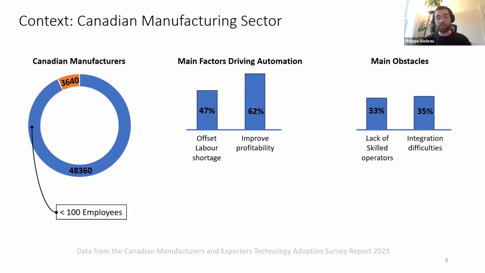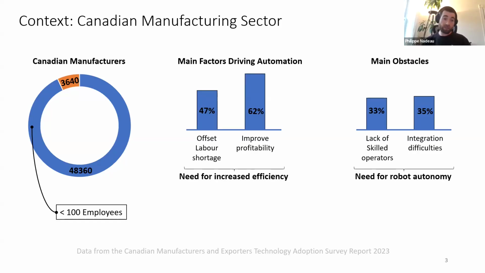However, the lack of skilled robot operators and difficulties in integrating robots with other processes are some of the main obstacles encountered. So in short, businesses in the manufacturing sector are looking at robotics to increase their efficiency, but require versatile and autonomous robots.